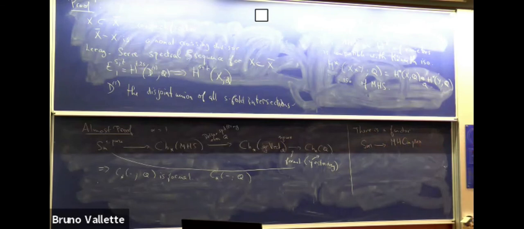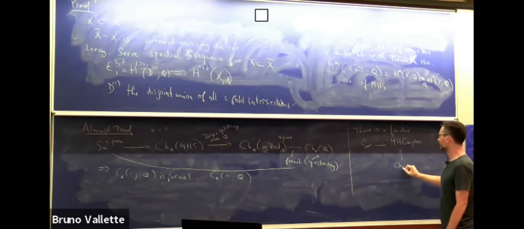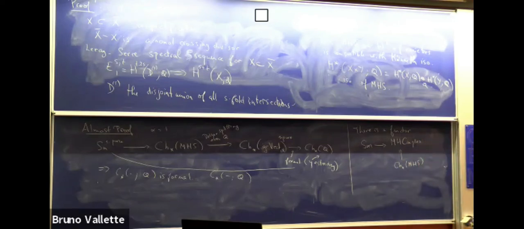I'm not going to define what a mixed Hodge complex is, but it's a more relaxed version of a chain complex in mixed Hodge structures. It's a chain complex over Q that has two filtrations, but I don't require that at the chain level they form a mixed Hodge structure; I require that when I go to homology, they form a mixed Hodge structure. So, almost formally, there is a functor from chain complexes in mixed Hodge structures to mixed Hodge complexes.